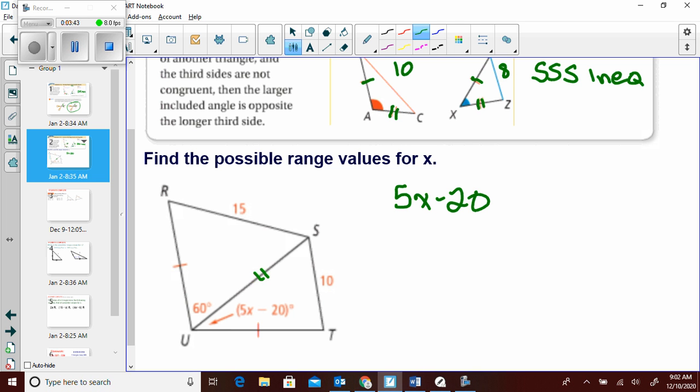That's congruent to itself. Remember, reflexive property of congruence. So therefore, I have two sides of a triangle congruent, and I have the third side bigger than the third side. So that means the angle across from the bigger side is bigger. So this would be less than 60. And this is by the side, side, side inequality.